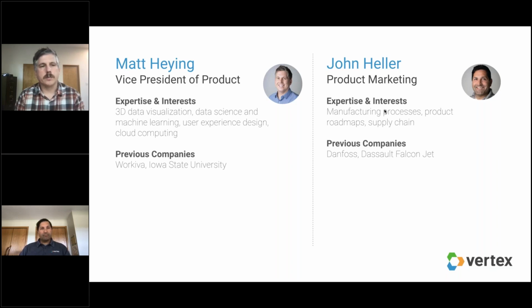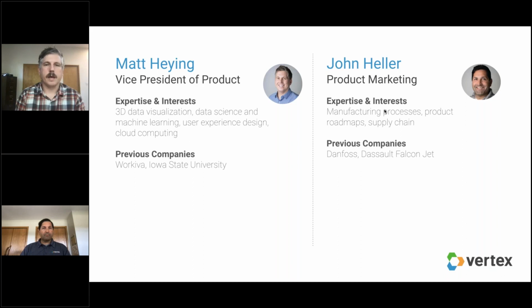I've done a lot of work specialized in 3D data visualization, data science, machine learning, and spent a number of years working in the cloud computing space. At my previous company, Workiva, we built the first B2B application on the Google Cloud platform.